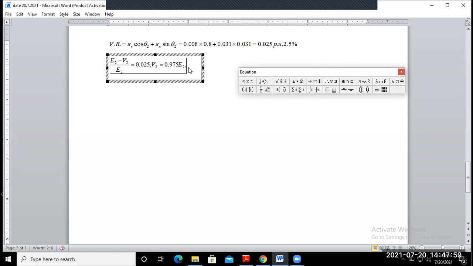That means V2 equal to 0.975 into 250 volts, that is equal to how much? 243.75 volt. Okay.